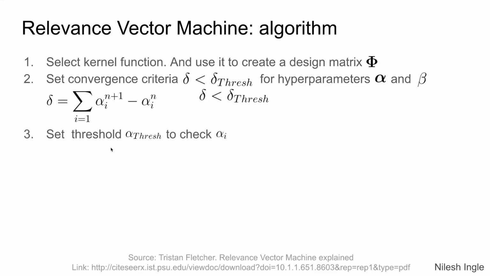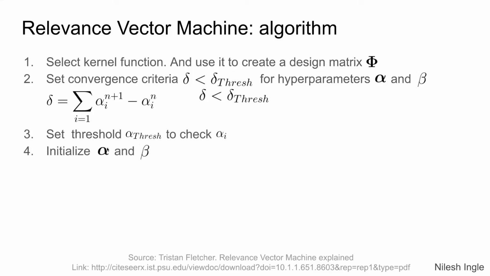You can set a threshold value for alpha, so as to know if that value is above or below that threshold to stop the iteration.